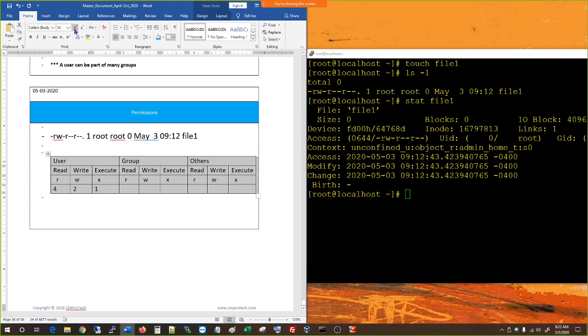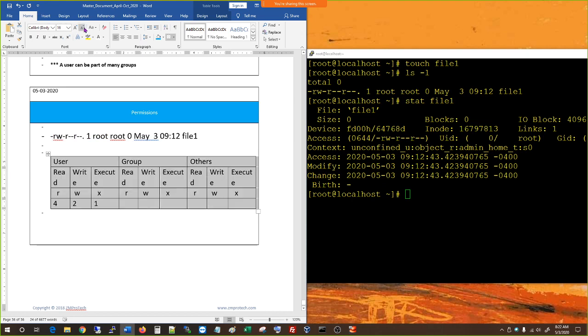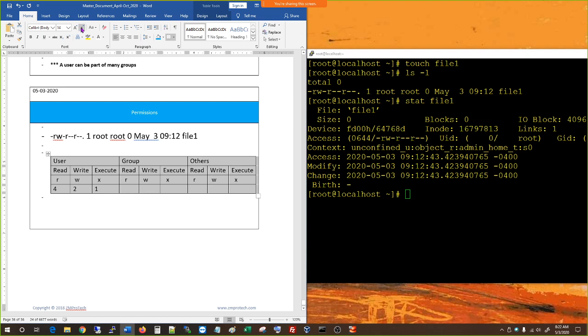You can see this better, right? Yeah. Okay. Now it's going to be the same in here. So can somebody tell me the default number for read? Okay, same thing. Read is 4, write is 2, execute is 1.